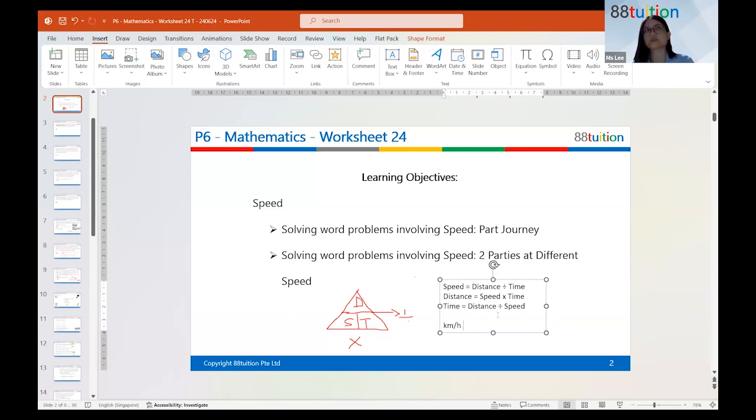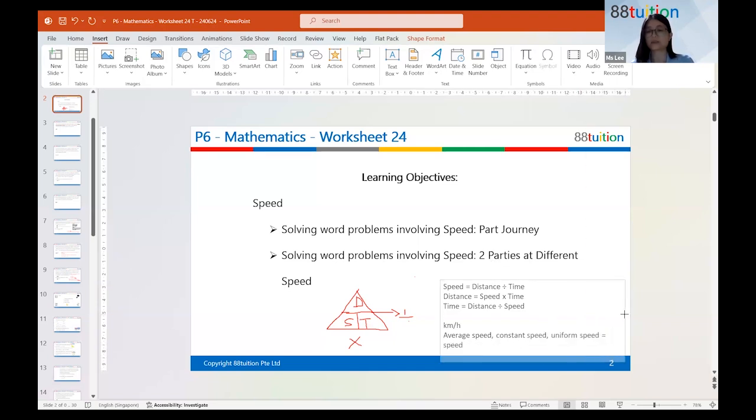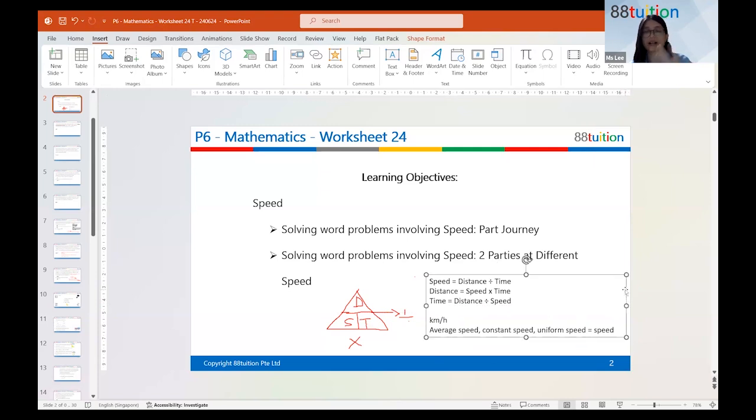Another thing you need to take note of is that sometimes the question itself likes to tell you that this is the average speed, this is the constant speed, uniform speed. They are all equal to just speed. They just want to let you know that the speed didn't change so that you can use it to calculate, because in real life speed changes, right?